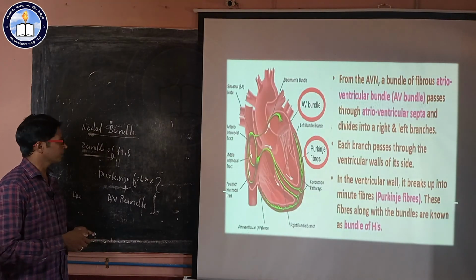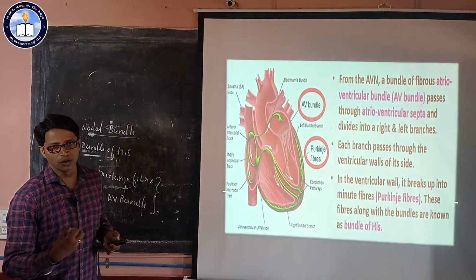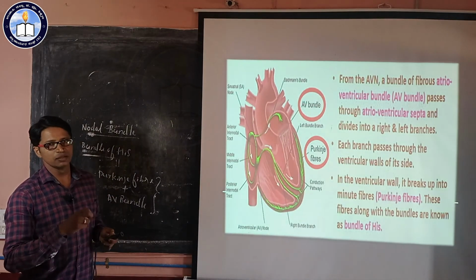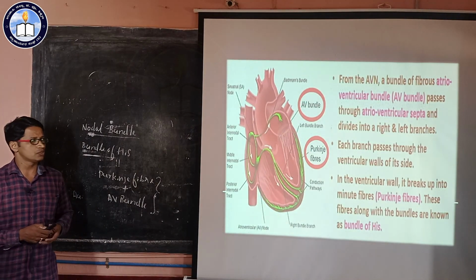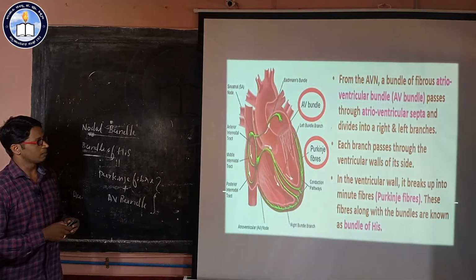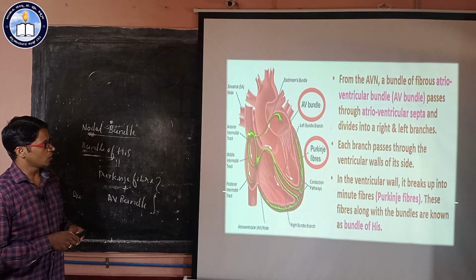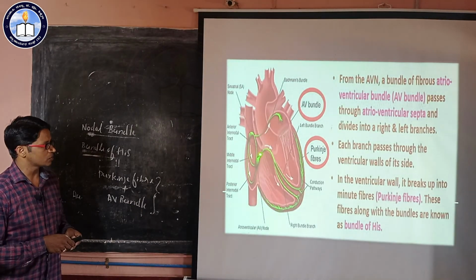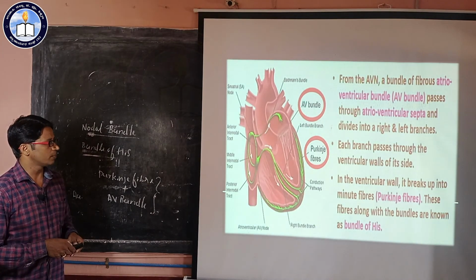So this is about how the heartbeat is generated in our heart, but before looking at the function, we are now clearly studying the structure of our heart, especially the conducting system. So when we talk about the conducting system, we keep this arrangement in mind. Here again is the sinoatrial node, which communicates with the atrioventricular node, which continues as the atrioventricular bundle and branches into the right branch and the left branch.